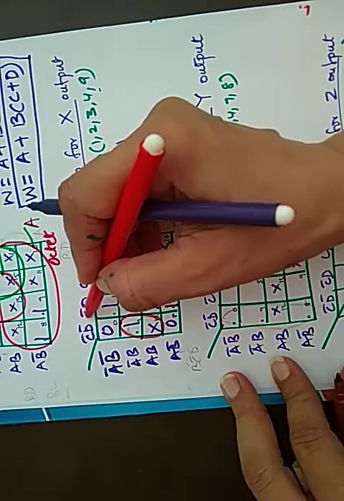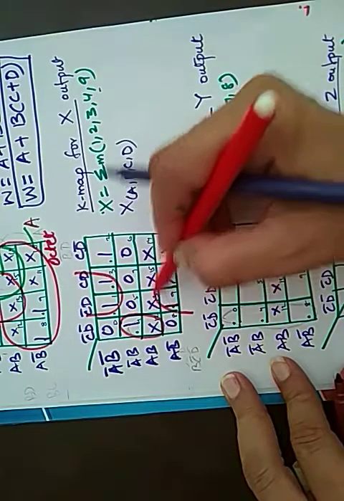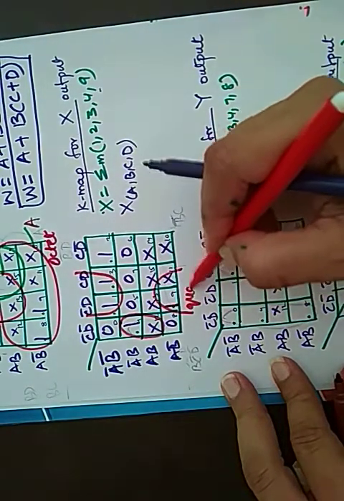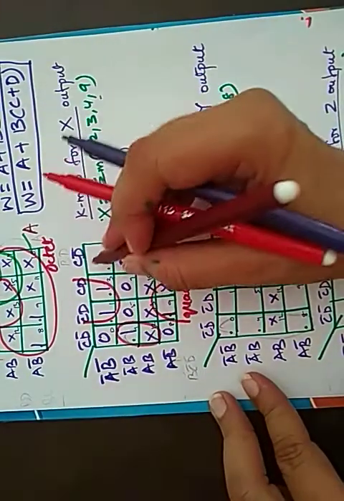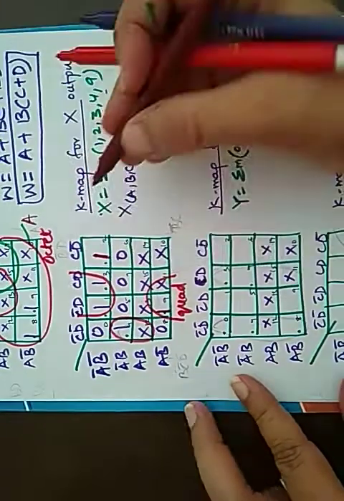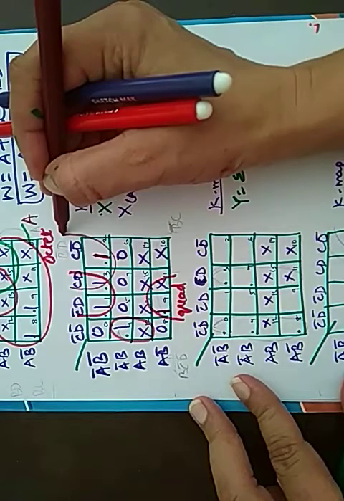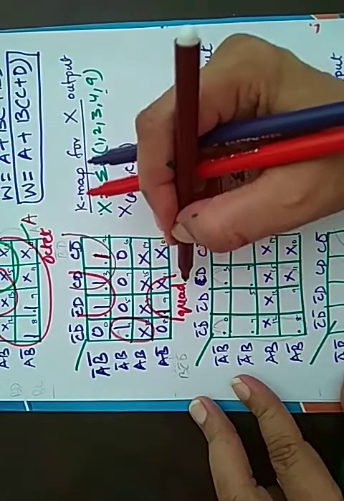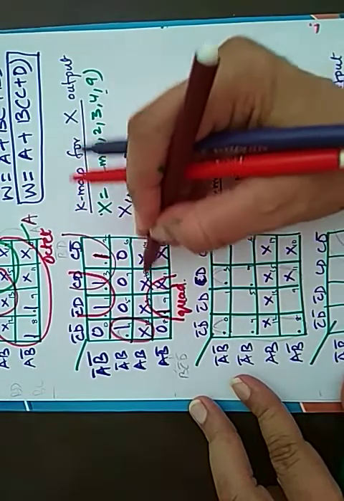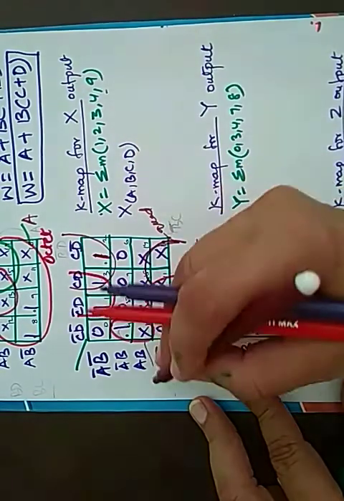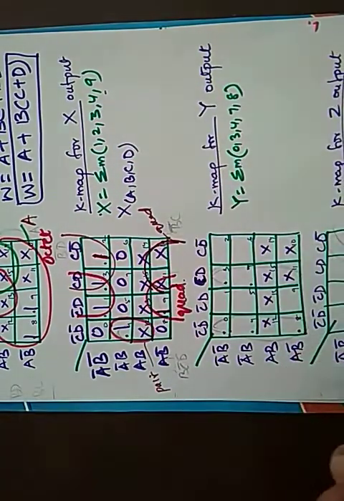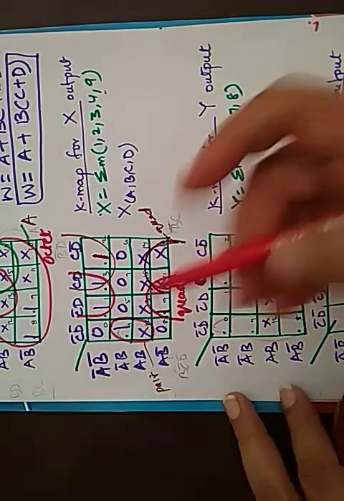The best combination is to fold the map and make this into a quad. Now we are left with this one. Similarly, instead of putting this in a pair, it is better if we put it in a quad, so these 2 and these 2 from here. So this is another quad and this is a pair. We are left with no other one. So let's start finding the value of these.